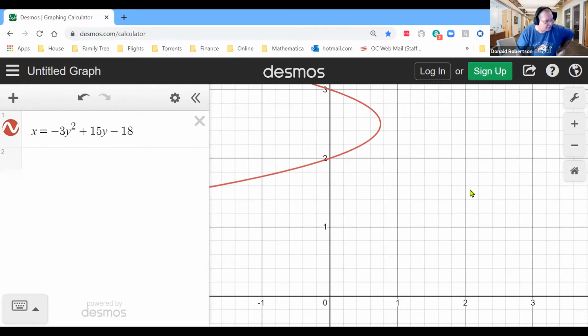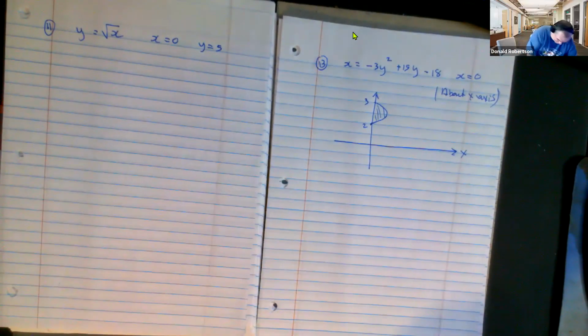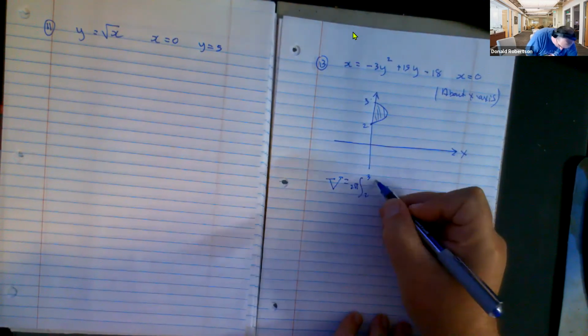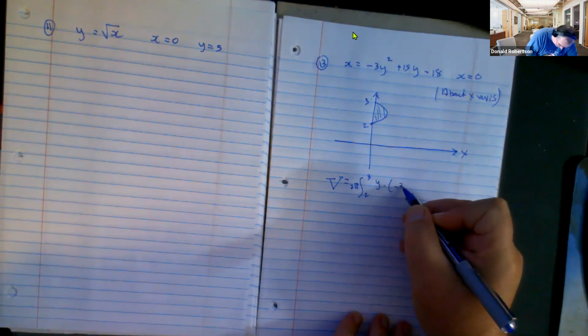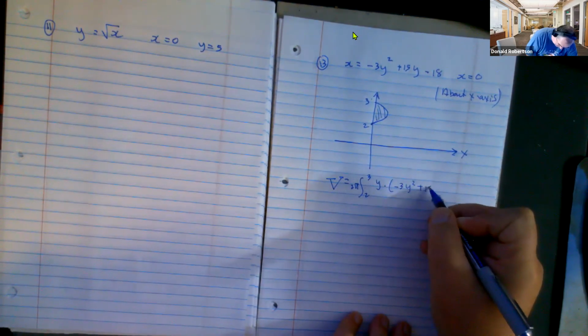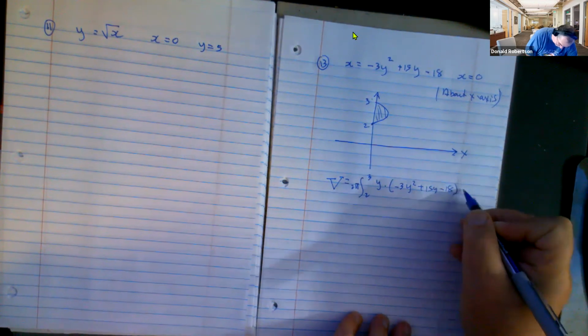Right, that's Desmos done its job. Let's return to the whiteboard. Right. So you set this fella up now. You just do the integral from 2 to 3, 2 pi y, f of y, dy.